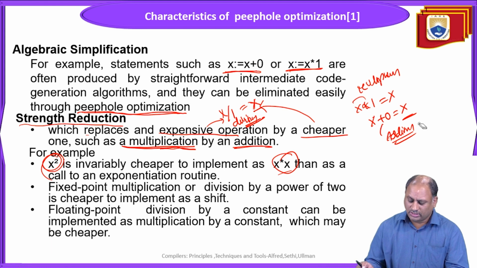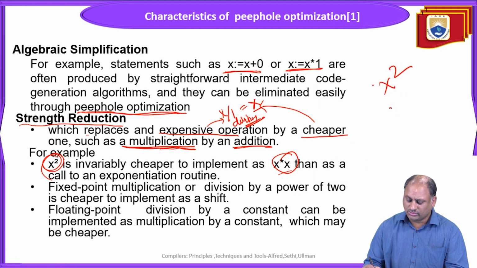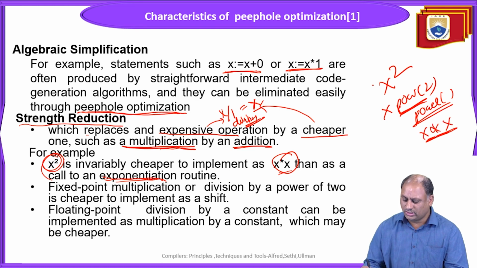This computation requires a power operation, which is an expensive, exponential operation, and it is to be replaced with x star x. That is a replacement by a cheaper operation, that is multiplication. Compared to multiplication, exponentiation is an expensive operation.